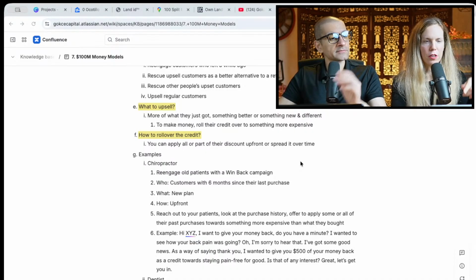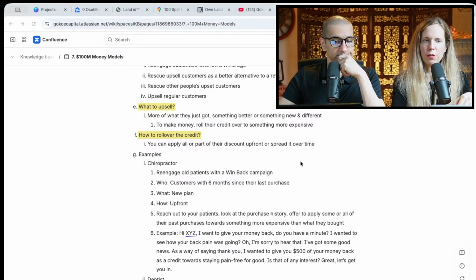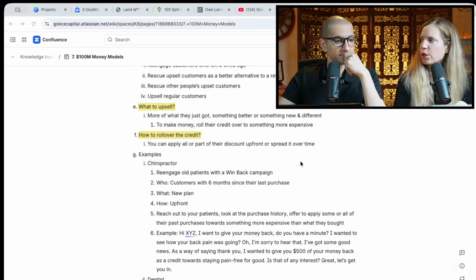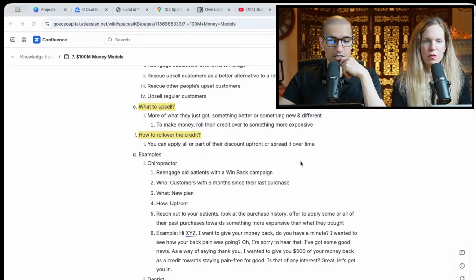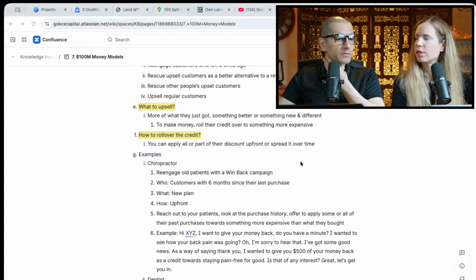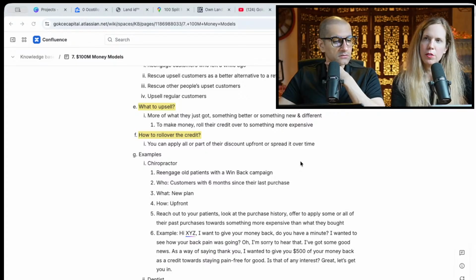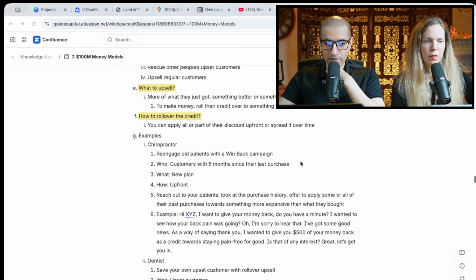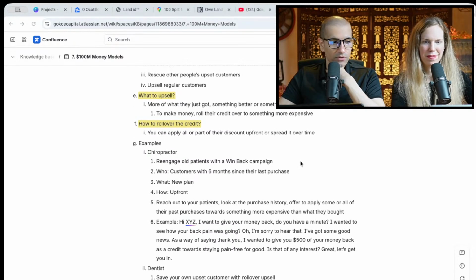It has to be a particular buyer to do that play, though, because a lot of people are just looking for one parcel, right? That might also be like a limiting belief, right? It could be. I mean, maybe we should try it. Most of the people who buy from us don't build anyway, right? So, yeah, maybe we should. Yeah. Okay. To make money, roll their credit over to something more expensive.